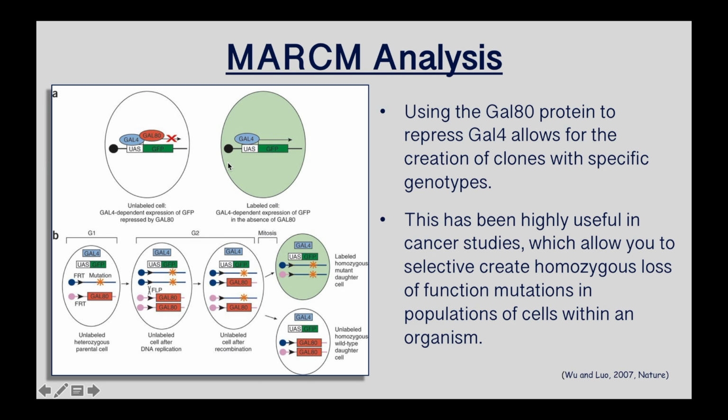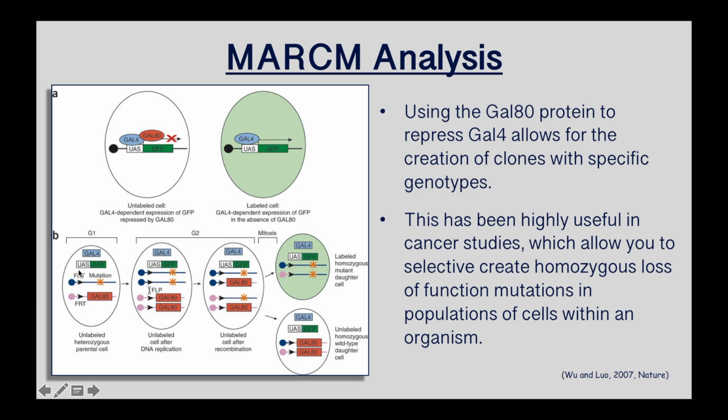This is performed through forced genetic recombination, whereby you have a single chromosome, illustrated here, that has a mutation of interest, say a mutation in a tumor suppressor gene or an oncogene, and then you are also expressing a GAL80 within that same cell.